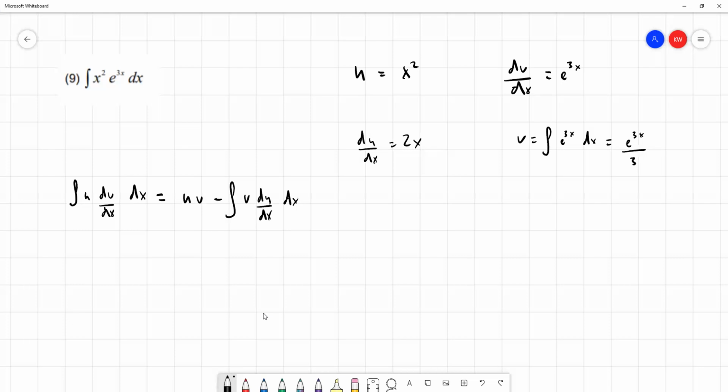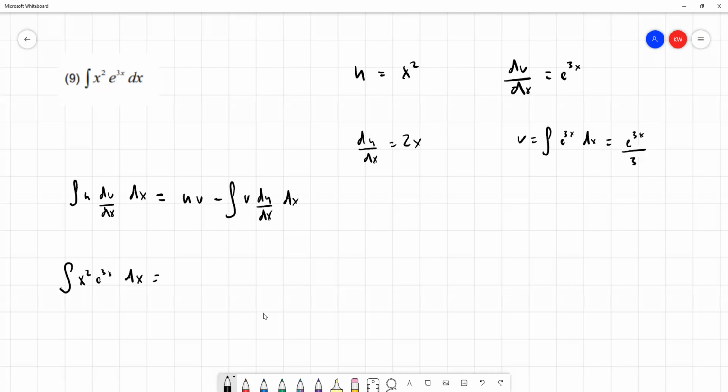So let's put in all of the information we have. Well, our left-hand side is exactly what we're given in the question. We'll write this out so we have it in full. x squared e to the 3x dx. And our right-hand side, we'll take this term by term and just carefully put things in so we know what we're doing.